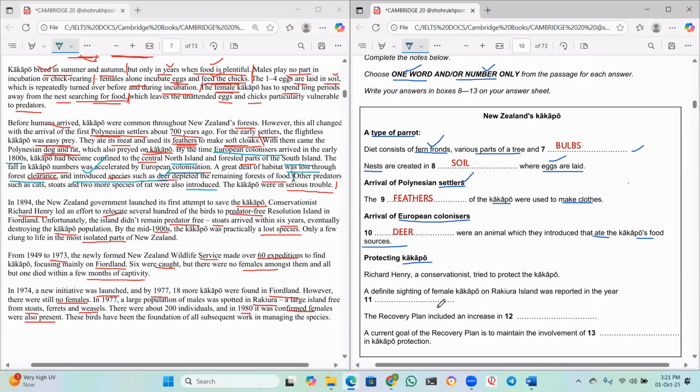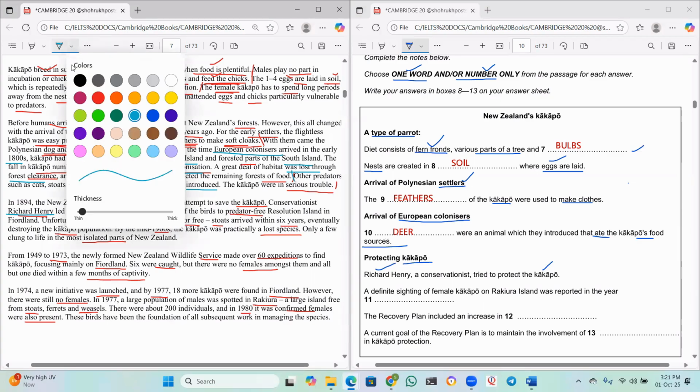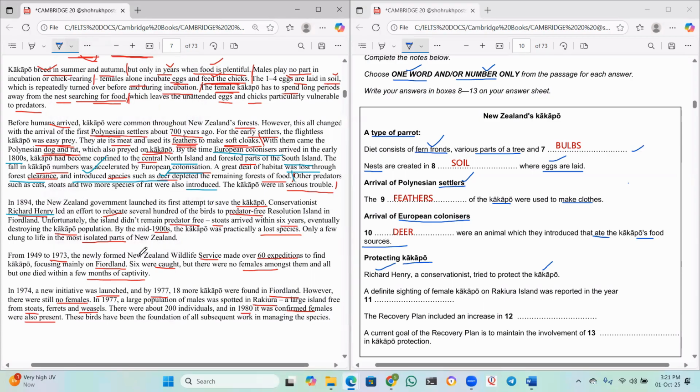Protecting Kakapo. Richard Henry, a conservationist, tried to protect the Kakapo. We read about this guy. Where did we read it? He was here, right? Richard Henry. Now, the question is: a definite sighting of female kakapo on Rakiura Island was reported in the year dash.